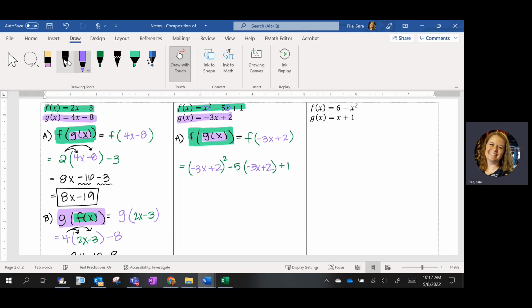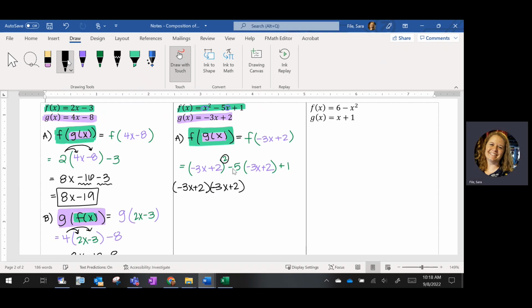Okay, so a lot more simplifying to happen here. First off, this power of 2, what does that mean? Yeah, I have to multiply that negative 3x plus 2 by itself, so I have to write it out twice. And I'm going to have to FOIL that, aren't I?